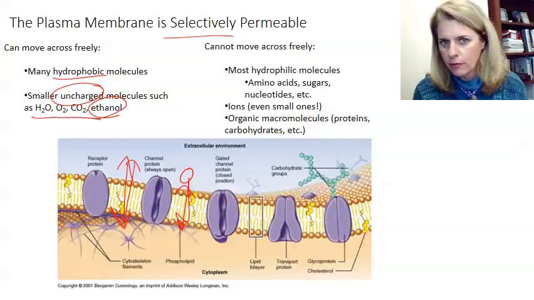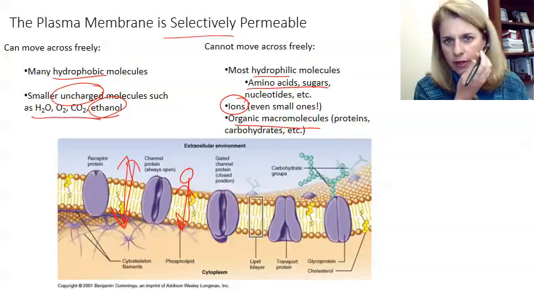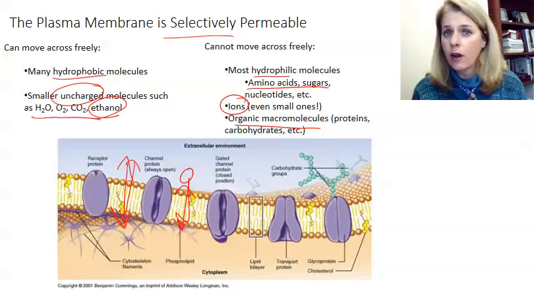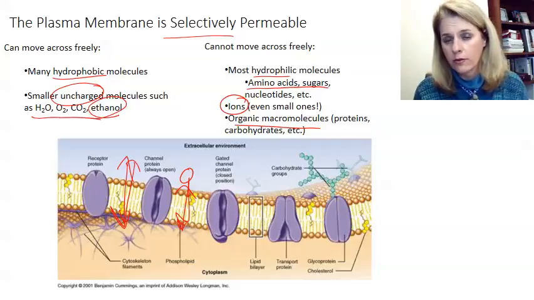Things that can't move freely across the membrane are things that are hydrophilic, like amino acids and sugars and nucleotides. Charged molecules like ions, things that have charges. Big organic molecules, large, they're too big to go across the membrane freely. So a lot of times when something needs to get inside the cell that can't freely cross the membrane, it has to be transported into the membrane or across the membrane.